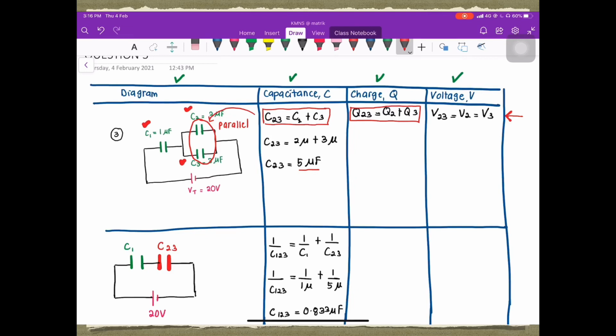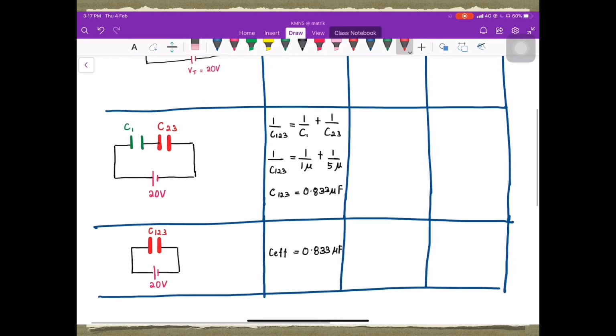That's why, when you look at this symbol, it is 2, 3 for this part, and 2, 3 for this part also. Because for this row, we want to solve this combination, which consists of C2 and C3.